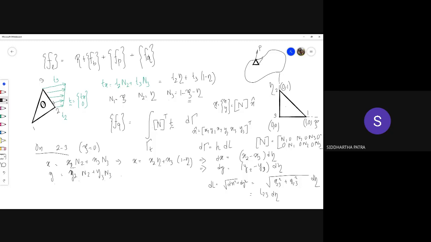Can you see that? Yes, sir. Okay, so d gamma becomes L23 d eta times h, the uniform thickness.